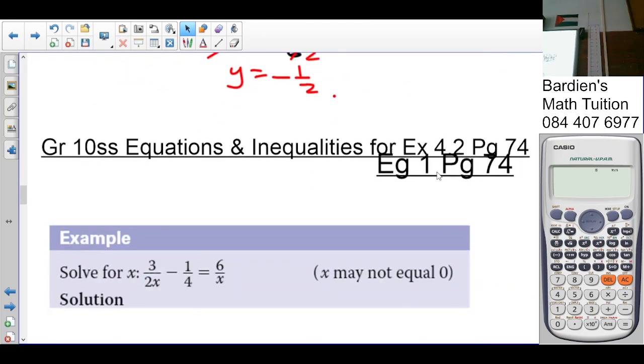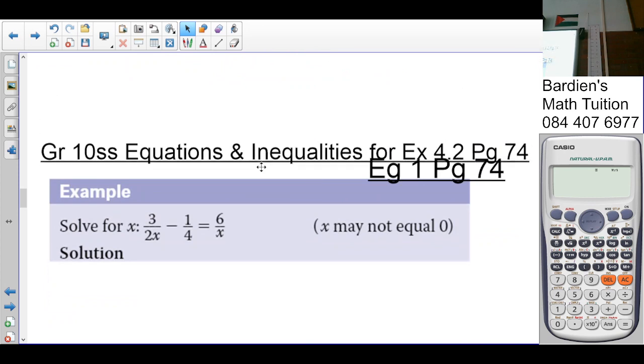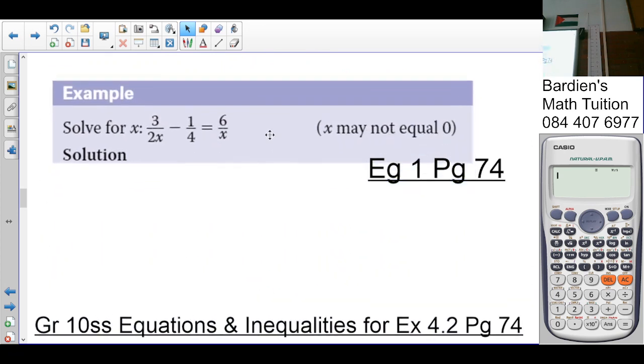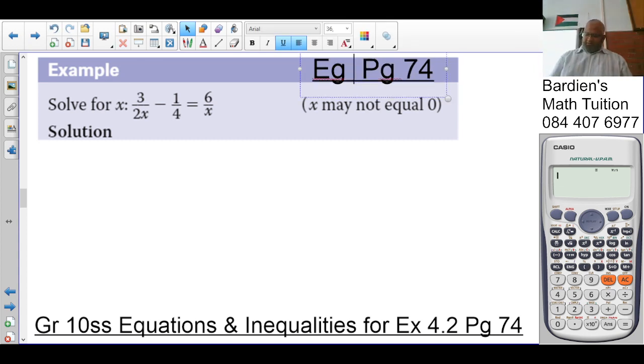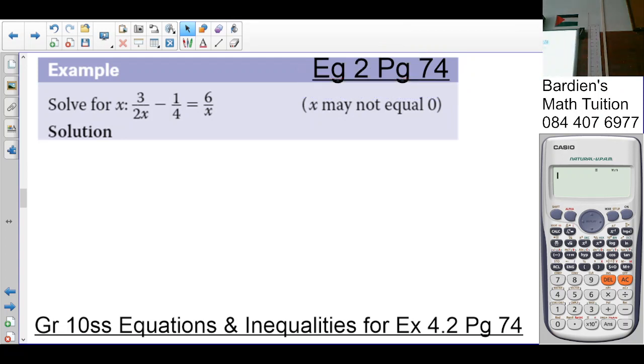Go to example 2. Why do you think in brackets x may not be equal to 0? The denominator will become 0, and it will be undefined.